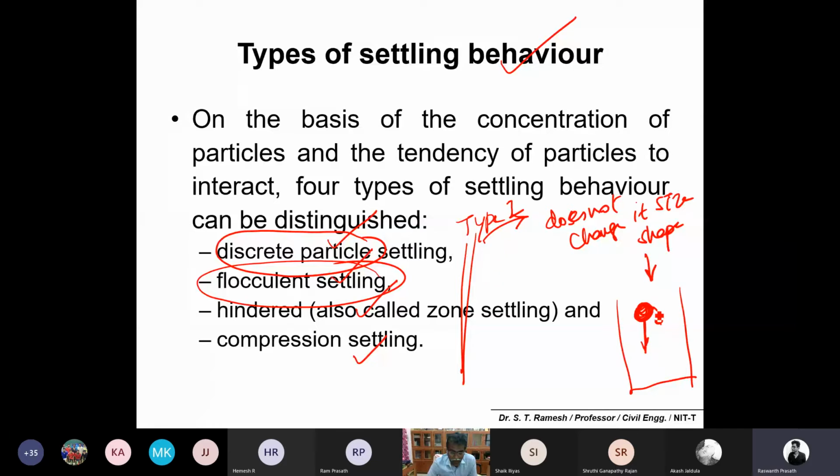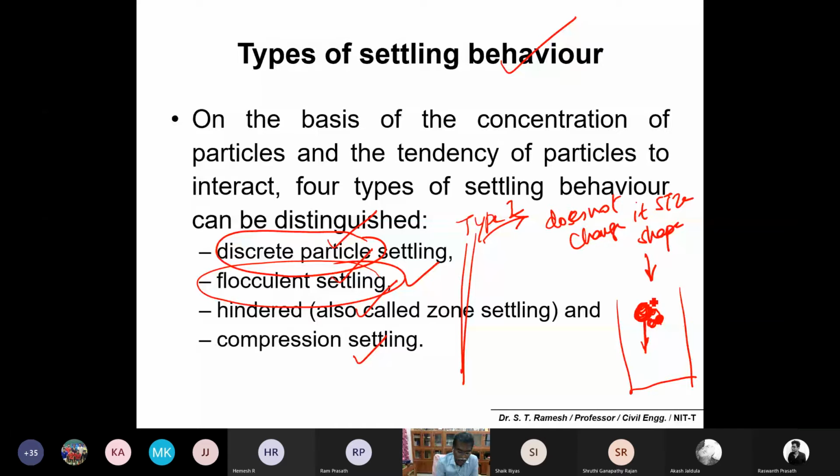So number one, discrete settling, does not hinder or affect nearby particles in any situation. Flocculent settling occurs because of differential settling, where different sizes and shapes collide and form flocs again. The third one is zone settling.